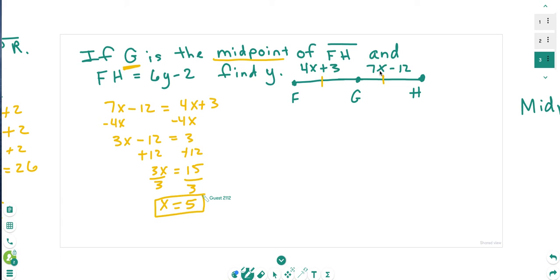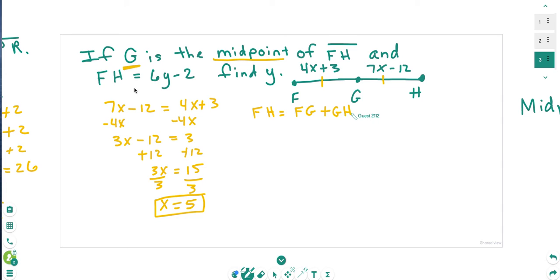Now, the question is asking us to find y. So we're looking at the length of FH. FH is 6y minus 2. So I'm going to come over here and say, what does FH equal? FH equals FG plus GH.